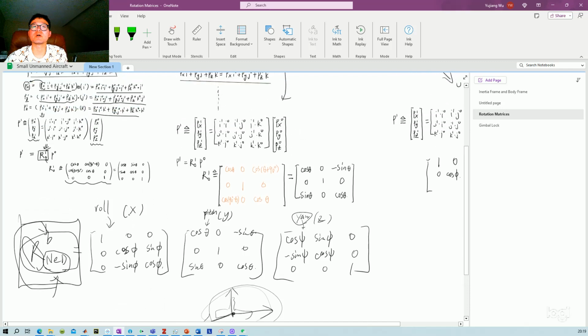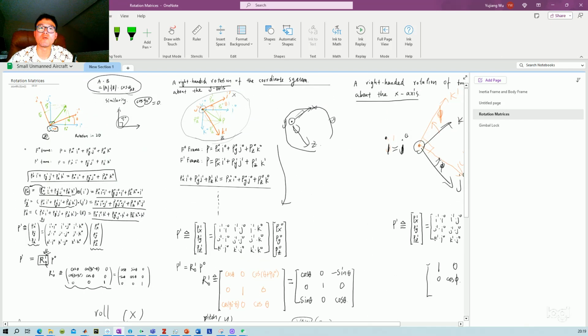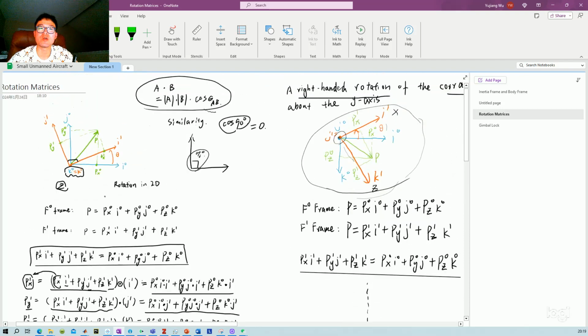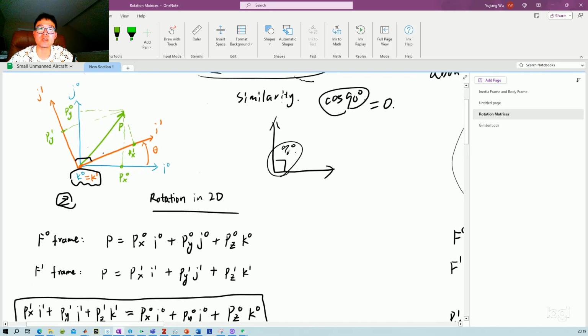Knowing that, I will show you how this is derived. The yaw angle here is exactly the same as when I derived equations for a 2D rotation against the z-axis. For general purpose, I used frame 1 and frame 0.